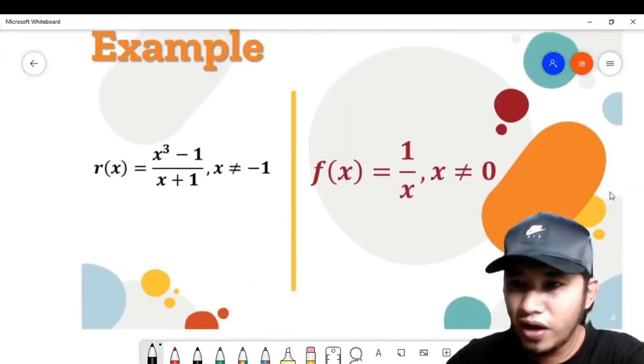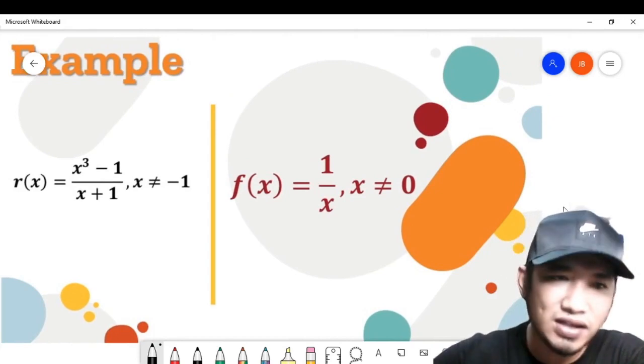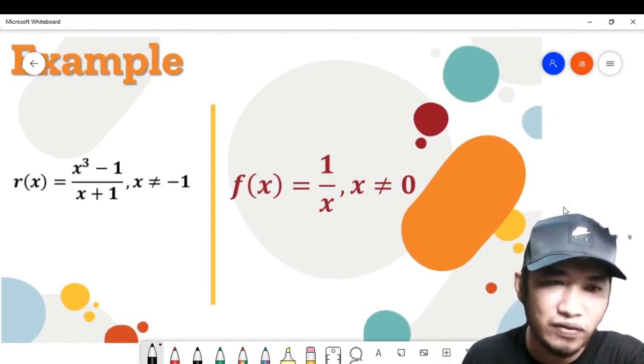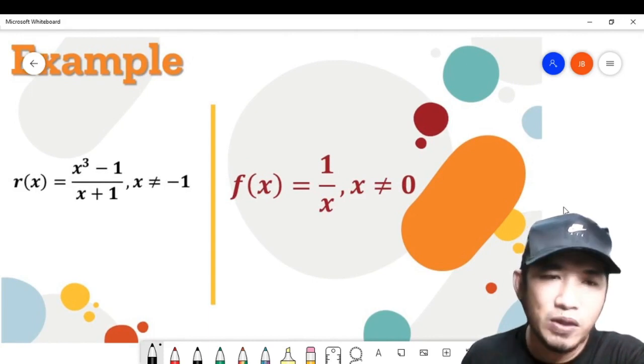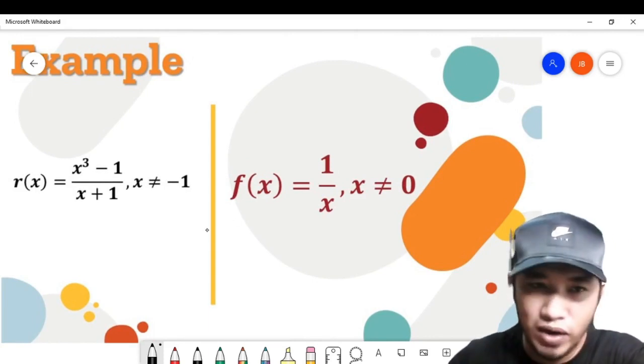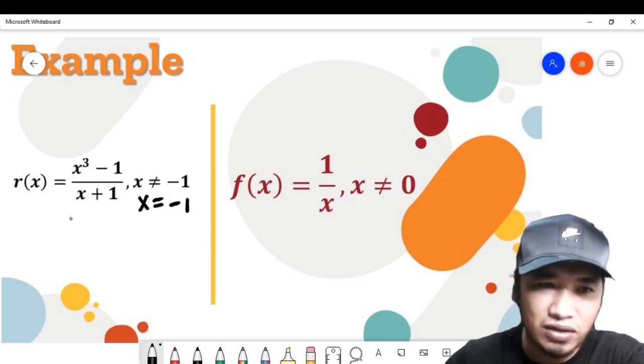Here is an example of a rational function: r of x is equal to x cubed minus 1 all over x plus 1, wherein x must not be equal to negative 1. Because once x is equal to negative 1 and we substitute that to our denominator, the denominator becomes negative 1 plus 1, which is equal to 0.